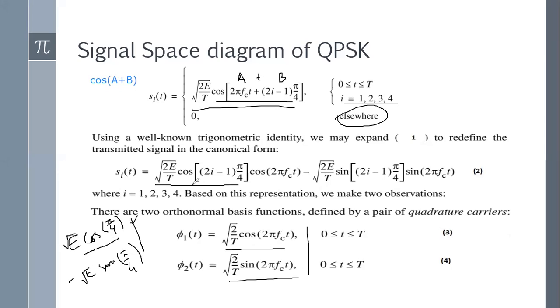Similarly, in this portion, I have taken root 2 by T sine 2 pi fct as basis function phi 2. And what is remaining is minus root E sine(2i minus 1)pi by 4. So this represents your message signal, the sinusoidal signal which represents the message, and this represents the carrier signal. Okay, I hope this is clear.